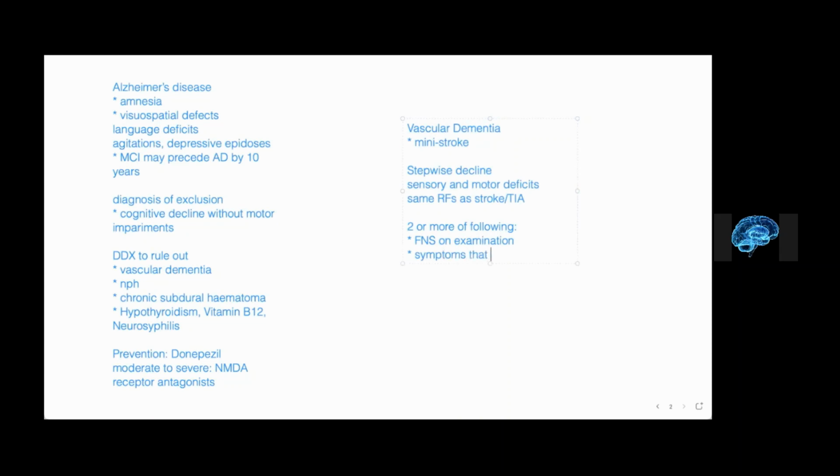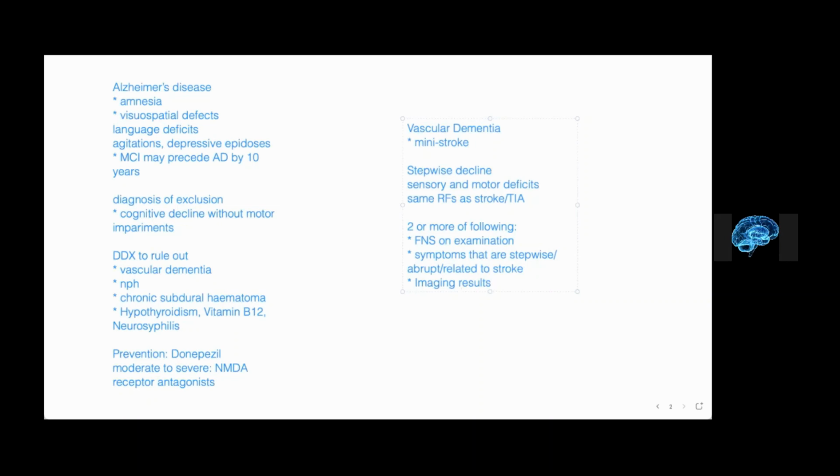Second, symptoms that are stepwise/abrupt/related to stroke. Third, imaging results. Okay, so imaging results, for example, your CTA, for example, your MRI brain, which shows local areas of infarction.